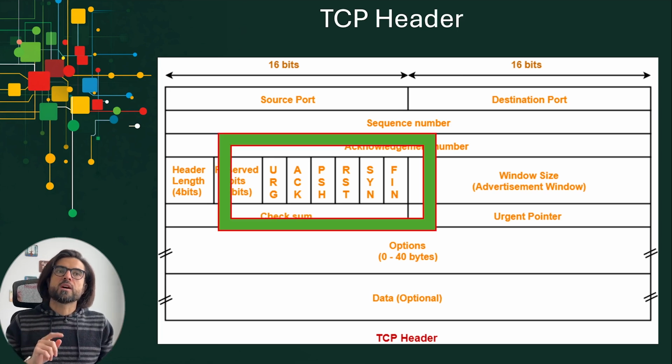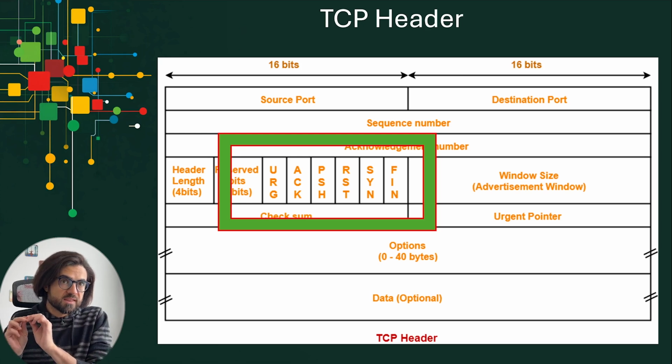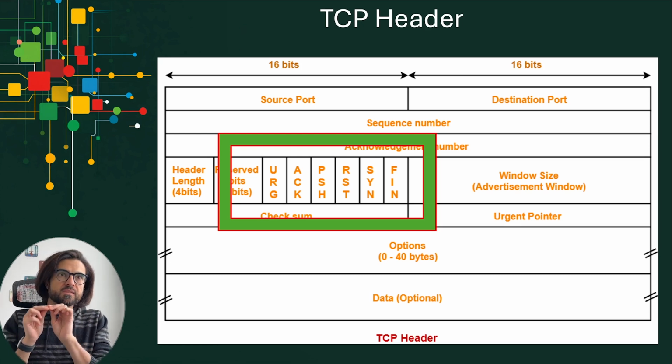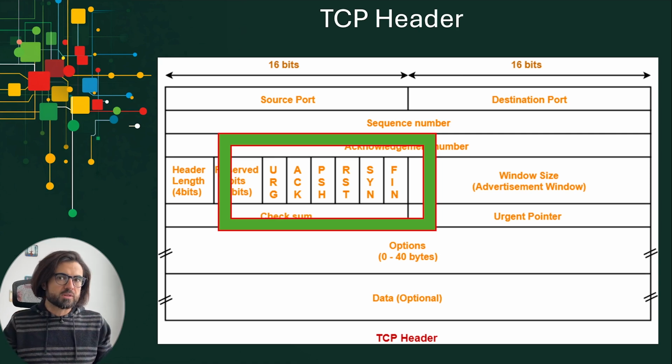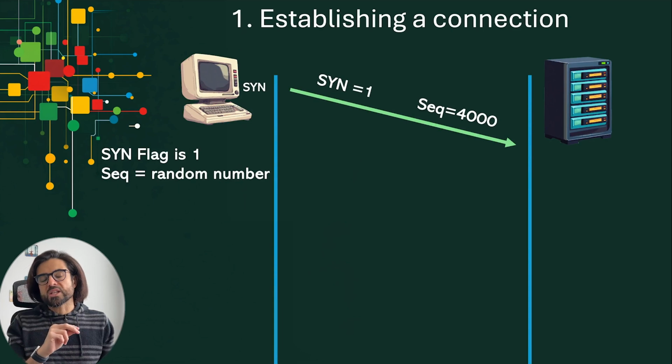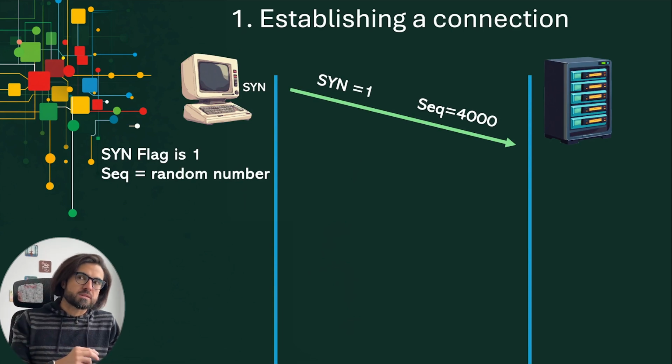And also we have some flags, which are responsible for specific things. We have URG, we have ACK, SYN, FIN, PSH, RST, but in our case, we're going to deal with only 3 of them. When you send the message, all of the flags are null by default.